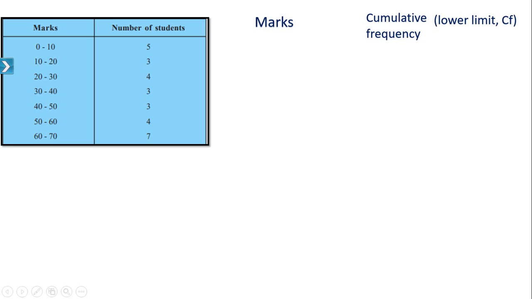So, we have to write the lower limits, that is more than or equal to 0. How many scores more than or equal to 0? That is, we have to add all these, that is 5 plus 3 plus 4 plus 3 plus 3 plus 4 plus 7, that is 5 plus 3 is 8, 12, 15, 18, 22, 29. So, more than or equal to 0, cumulative frequency is 29.